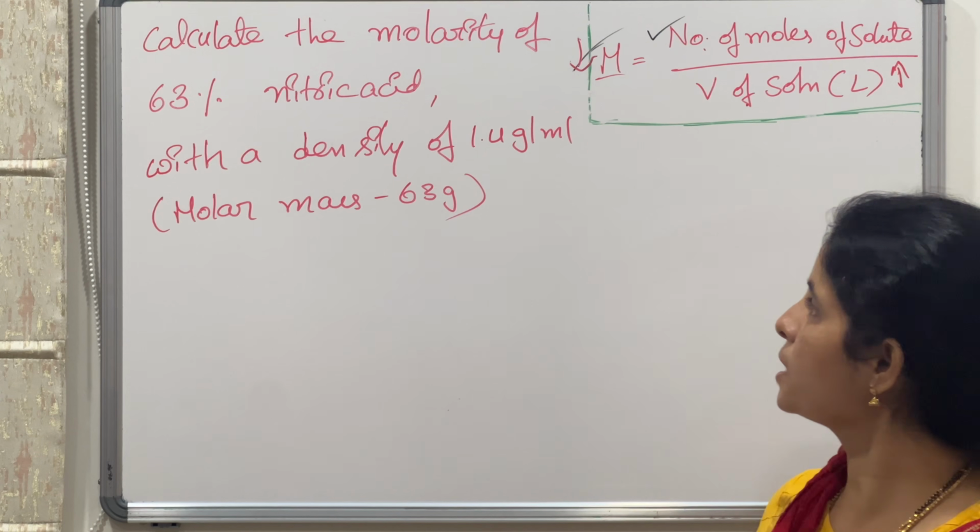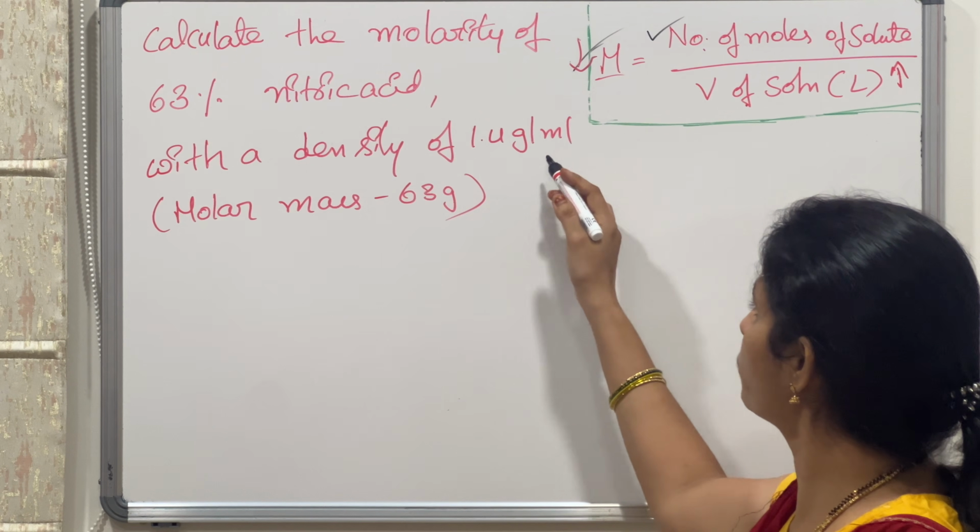Calculate the molarity of 63% nitric acid with a density of 1.4 grams per ml.